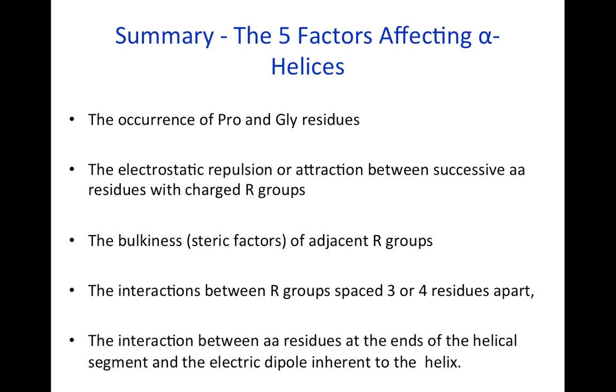The occurrence of proline and glycine residues, the electrostatic repulsion or attraction between successive amino acid residues with charged R groups, the bulkiness, or in other words, the steric hindrance of adjacent R groups, the interactions between R groups spaced 3 or 4 residues apart, and lastly, the interaction between amino acid residues at the ends of the helical segments and the electric dipole inherent to the helix.